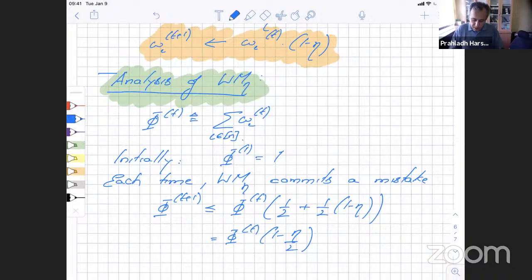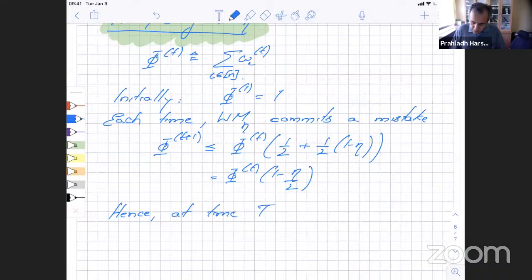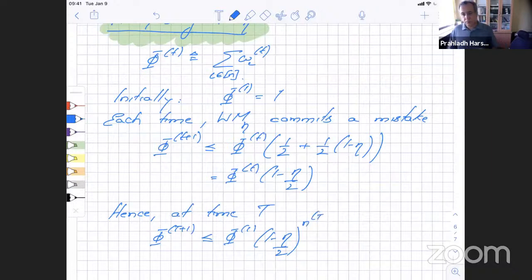Hence, at time t, phi t plus 1 is less than or equal to phi 1 into 1 minus eta by 2 to the power of the number of mistakes made by that algorithm. Each time the algorithm makes a mistake, this falls by this factor. Therefore, this is this.